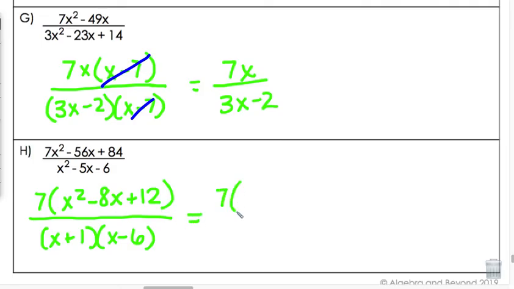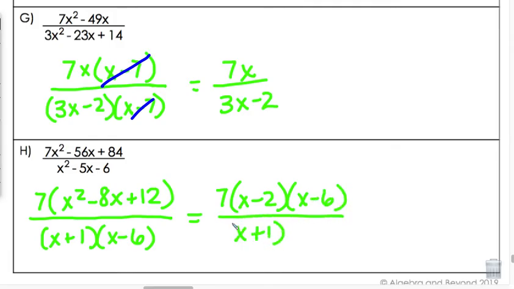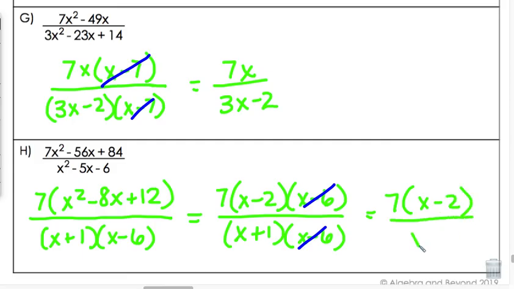So I'm going to write 7, and I end up with x minus 2 times x minus 6, and I have my denominator. Okay, and I can see that my x minus 6 will cancel, because that will give me 1. And my final answer is 7 times the quantity x minus 2 all over x plus 1.